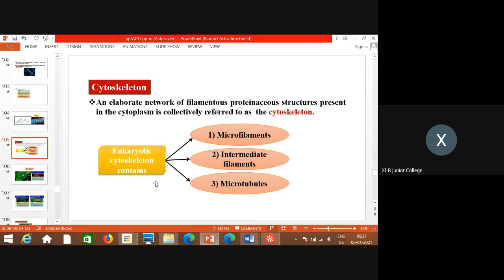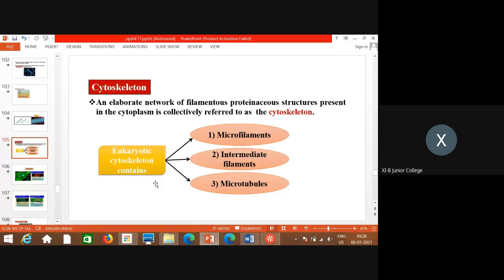So the cytoskeleton, the word itself suggests. Skeleton means what? In human beings also, you know the skeleton gives a form, a shape, a particular structure, and that is the skeleton present in the cytoplasm of the cell. The network of filamentous proteinaceous structures present in the cytoplasm is collectively referred to as the cytoskeleton.